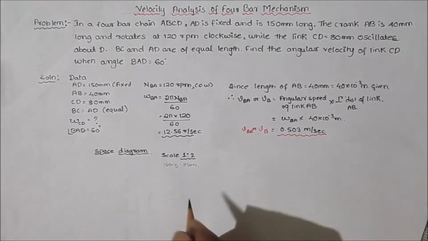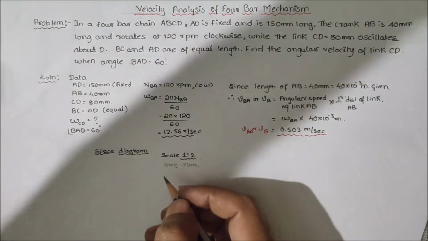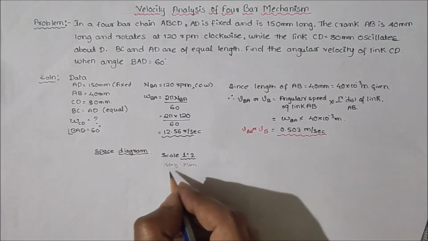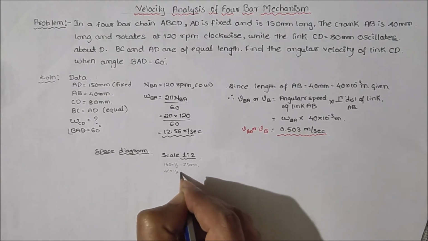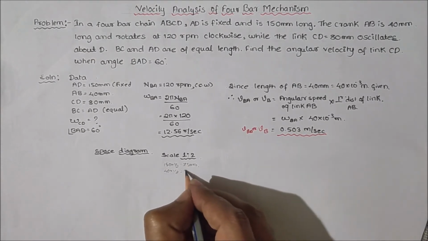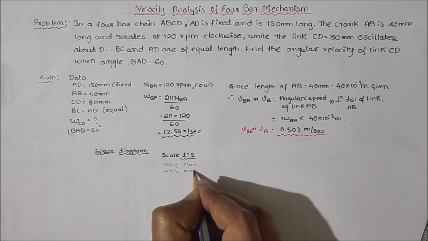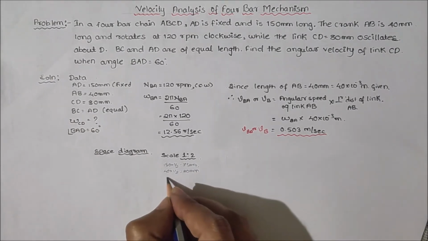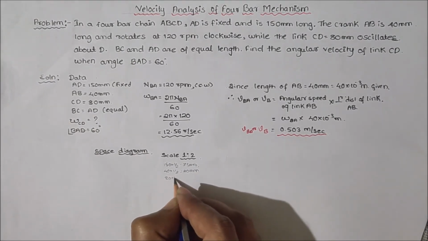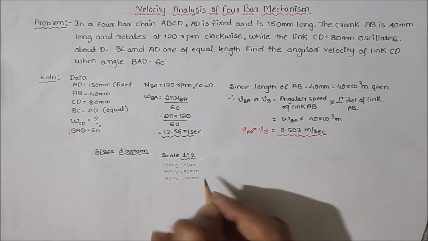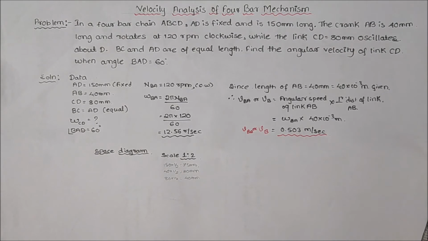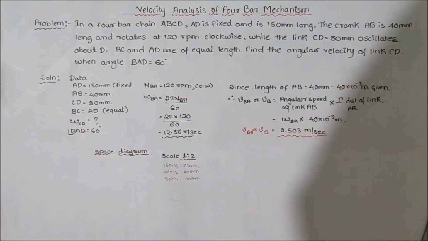In a pencil we'll write so that it will be easy for us. Then we are having 40 into 1/2, that is equal to 20 mm. Then 80 into 1/2, that is equal to 40. So this will be helping us to draw the diagrams.